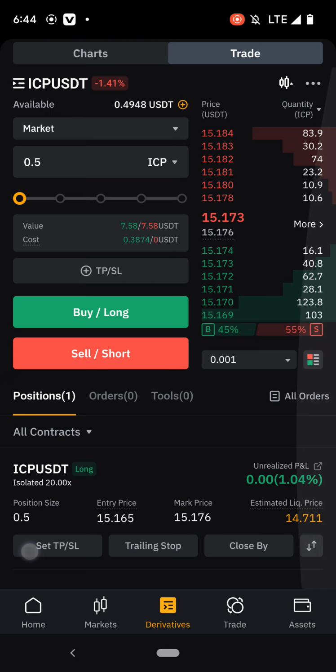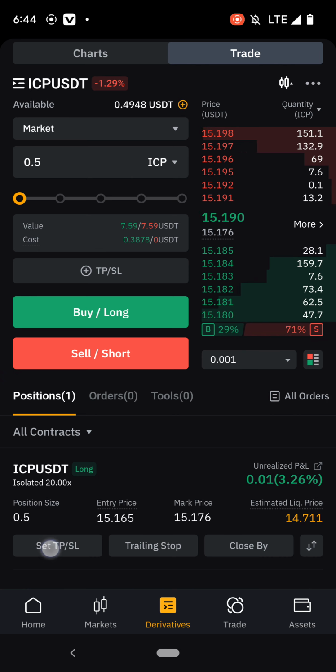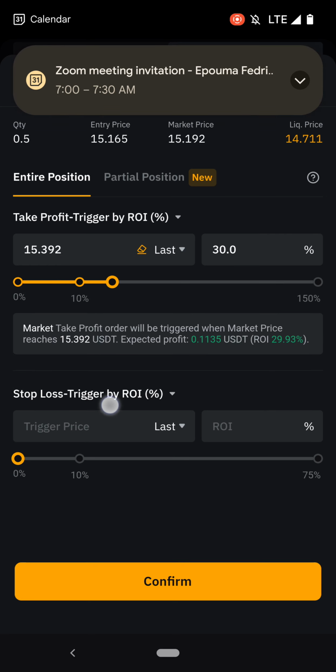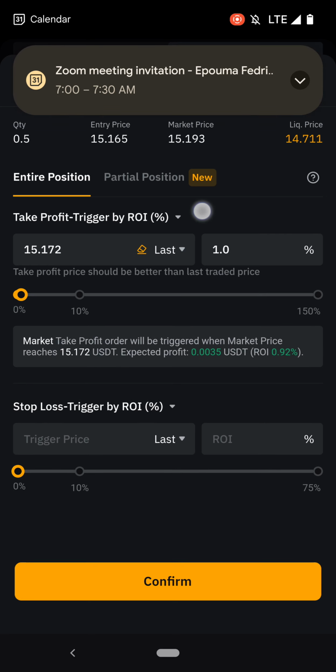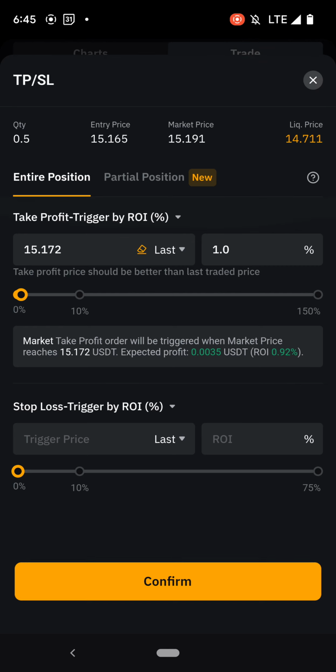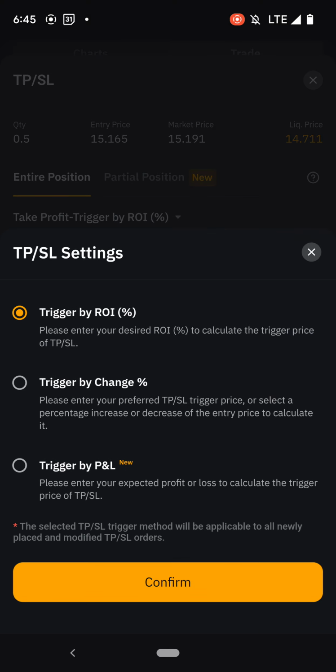Now, when you want to set your take profit, simply set it at this level. Click on the take profit, and of course you can see how you can drag. But before that, you will see this small icon here. Just click on the icon. You see trigger by ROI.